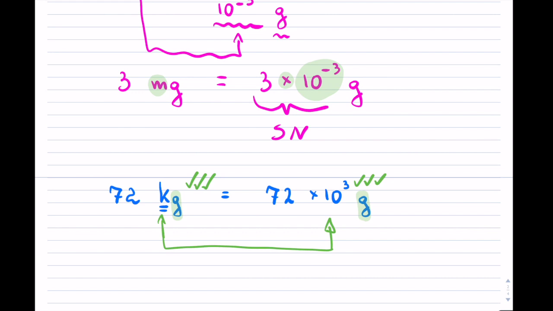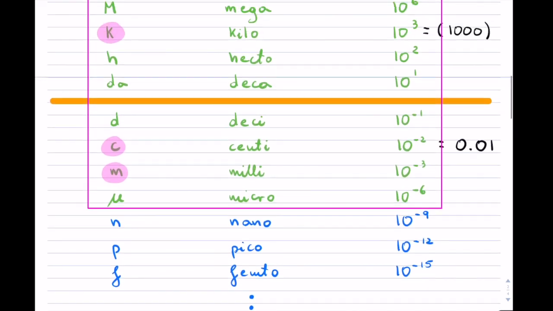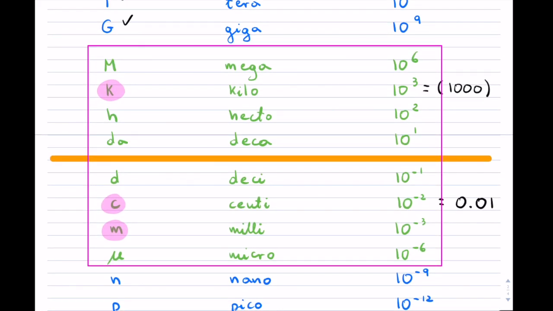Now, when you are studying these things, it is useful to know conversions between different types of prefixes. So if I go back to the table here, I have put a pink box over the prefixes which happen a little bit more often. And to help you, if you ever wanted to convert from one prefix to another, I will give you some examples and show you how you can use this table to do that.